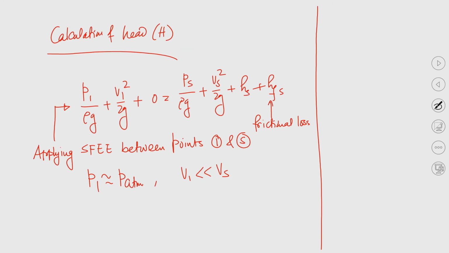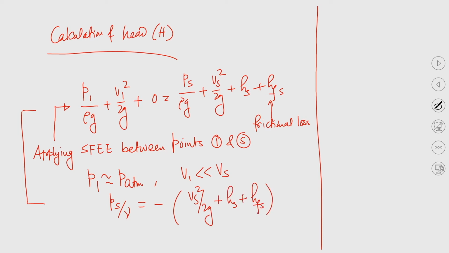From this equation we can write Ps by gamma, that is rho g, equals minus Vs square by 2g plus Hs plus Hfs. So you can understand the suction pressure is a negative pressure, that is vacuum pressure.